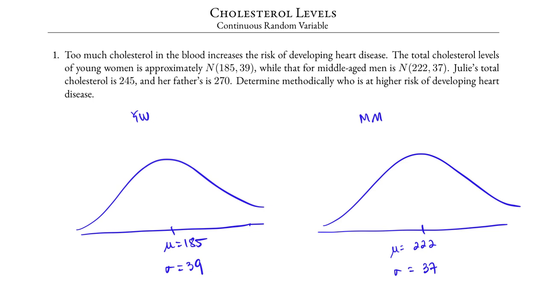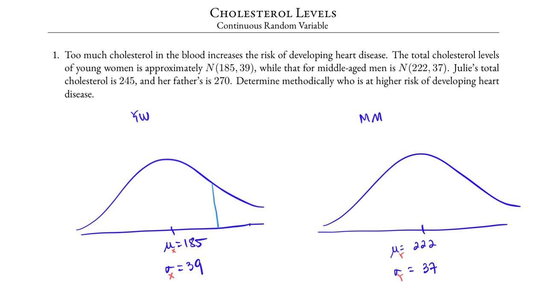In most cases, we might label these as mu sub x, sigma sub x, mu sub y, sigma sub y, for example, or mu sub 1, sigma sub 1, mu sub 2, sigma sub 2 to differentiate the two. Now, Julie's cholesterol level is 245 and that is above the mean.